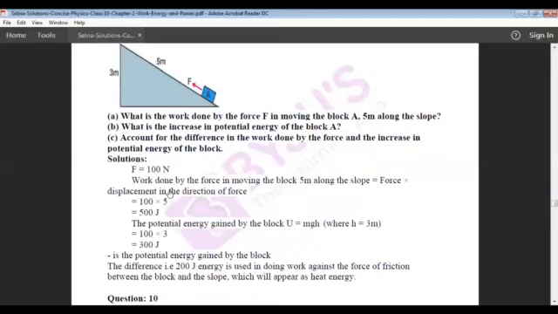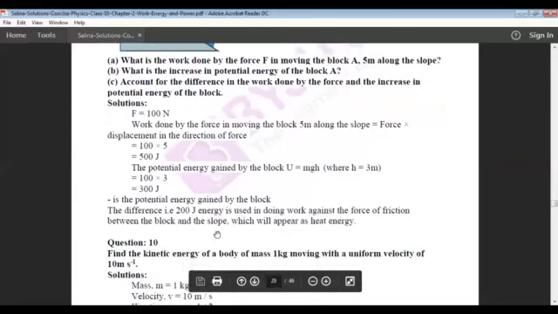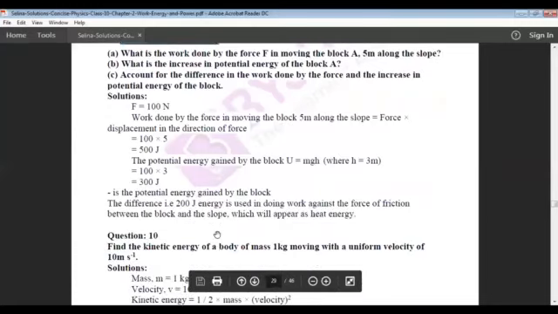So now the potential energy gained by the block will be equal to mgh. See, mg is how much? The weight is 100 Newton, into height 3 meter. So you will get the answer as 300 joules, the potential energy gained by the block.